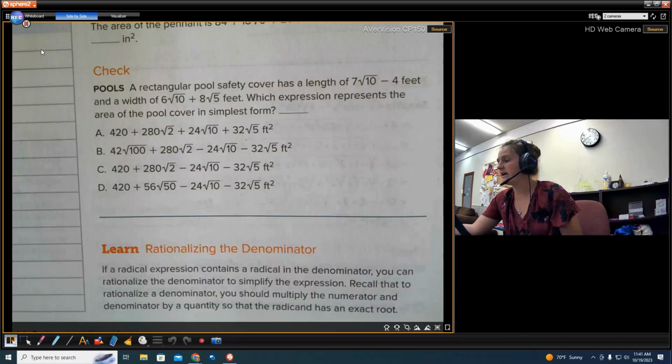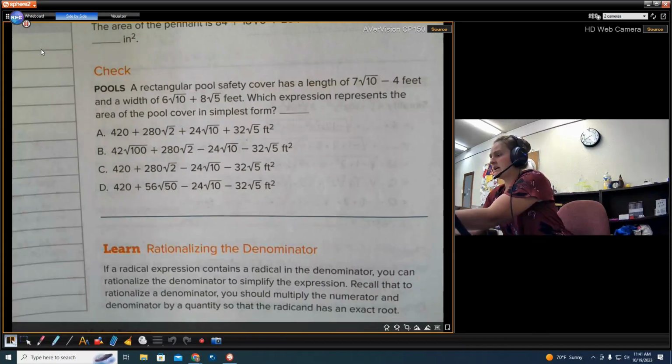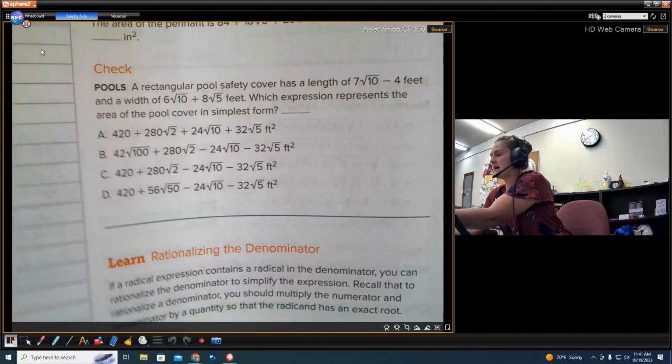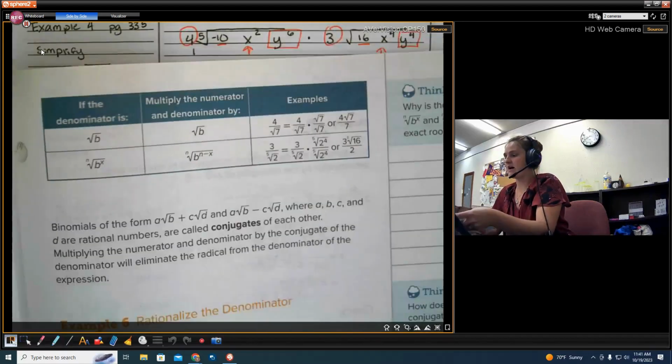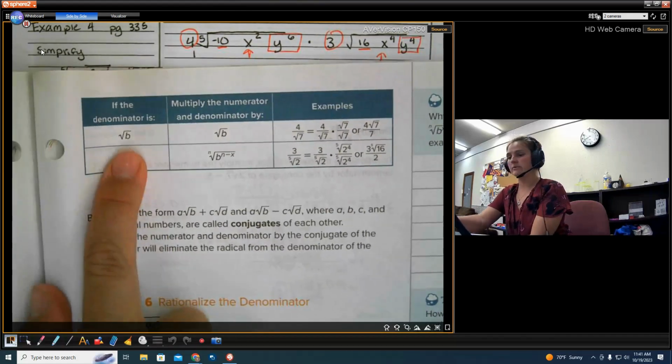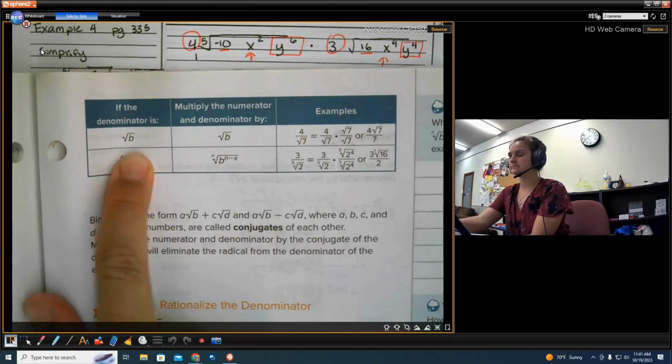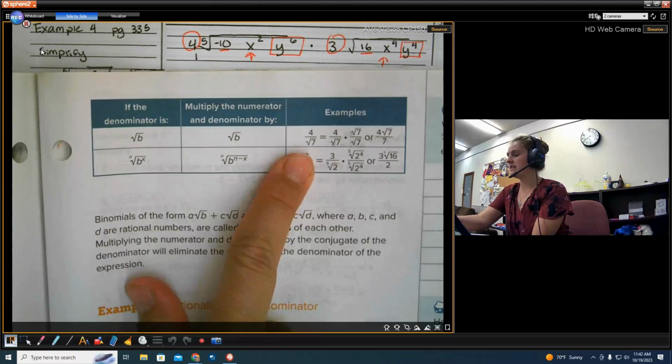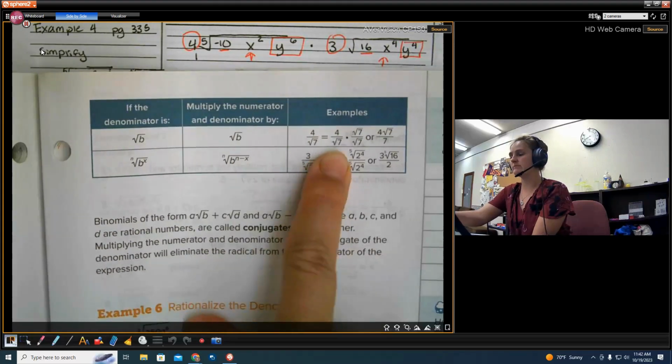And you can do this by completing the fraction, which just means simplifying the radical. And they have some good examples of that up here. So if I have the denominator being the square root of 7, then I'm just going to multiply by that same square root of 7.